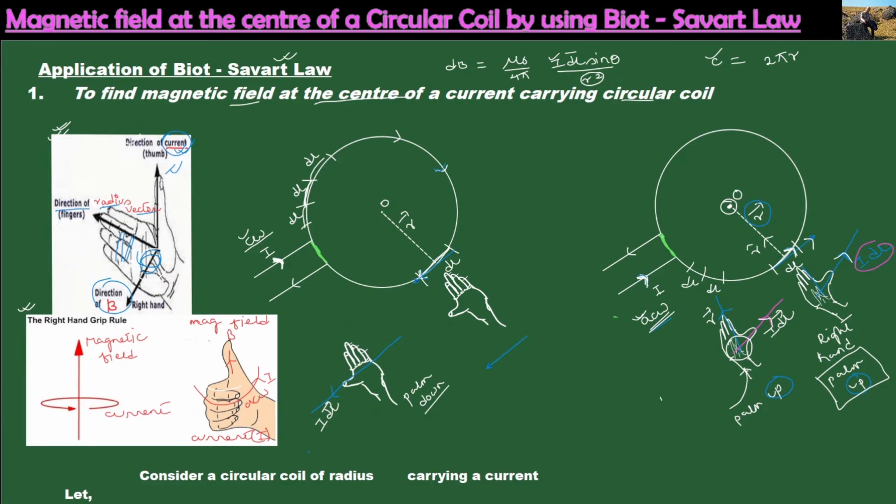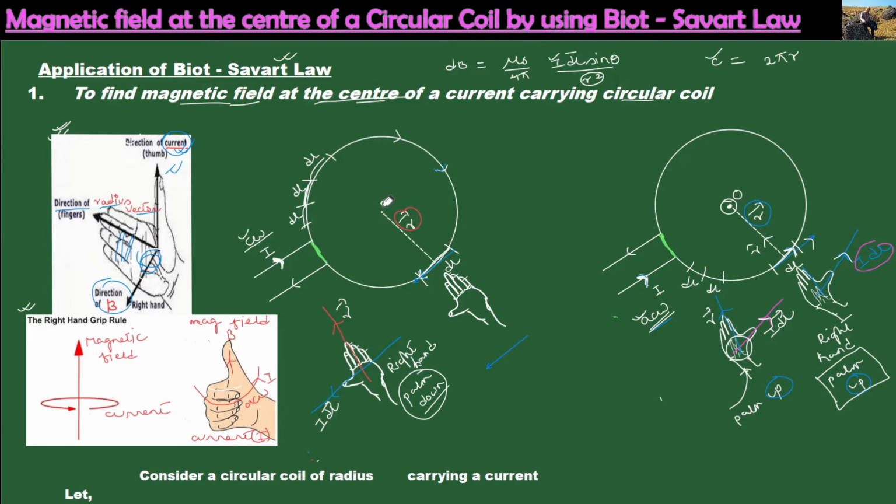Then your outstretched fingers will give us the direction of our radius vector. But since the palm of your right hand is directed downwards, your palm is facing downwards, that is why at the center O of the coil, the magnetic field at the center O of the coil will be directed downwards.